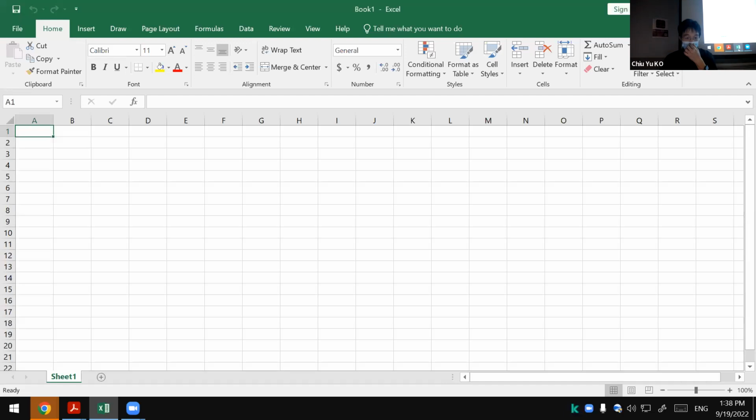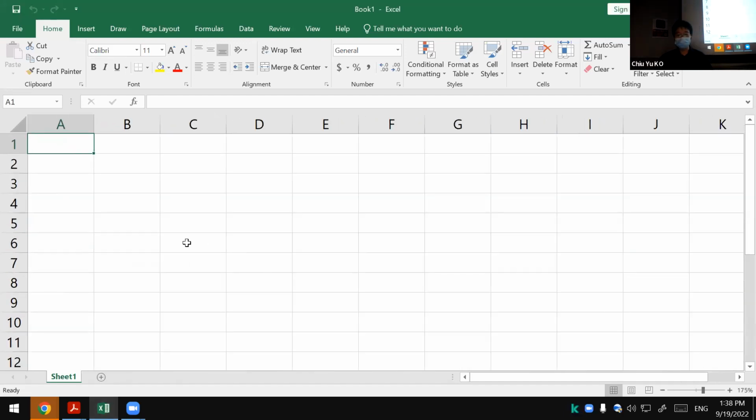So open your Excel. I can see most of you are using iPad or MacBook, but this would be very similar to what you have, even if you are using the Mac or iPad.